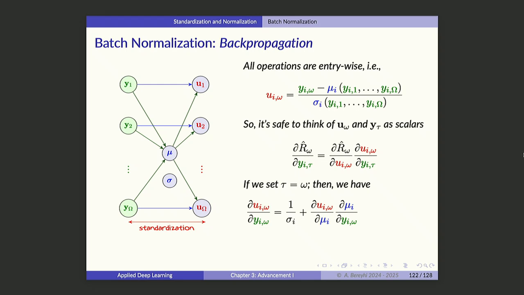Now, if you wanted to compute this same thing with respect to y2, you want to know what is the derivative of u1 with respect to y2. You can do the same thing. You could say partial derivative of f with respect to y1 times partial derivative of y1 with respect to y2. What is that? 0, right? Great. Here, partial derivative of f with respect to mu times partial derivative of mu with respect to y2.